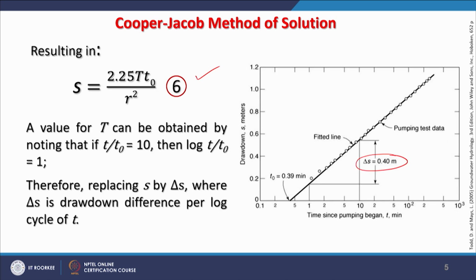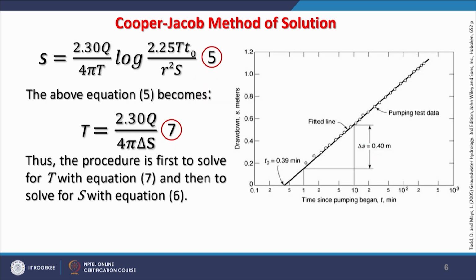Now, earlier we have discussed equation number 5, and after the understanding in the previous slide, this equation can be rewritten, and that becomes our 7th equation, that transmissibility equal to 2.30 Q upon 4 pi delta s.